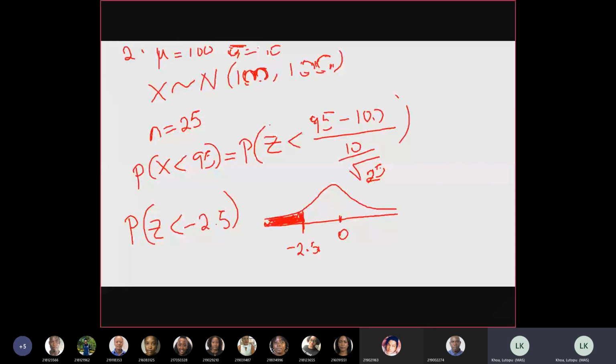Looking at the table, you cannot see negative 2.5 on the table. So what you do is read the value for 2.5, and that is the same as the area of negative 2.5, just on the other side.